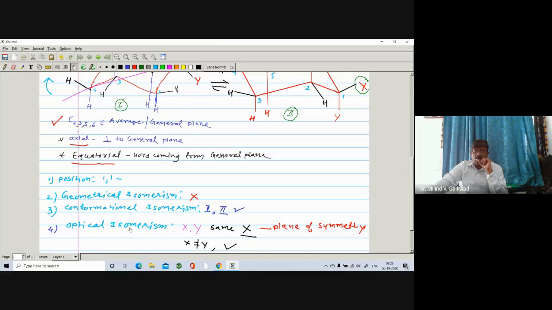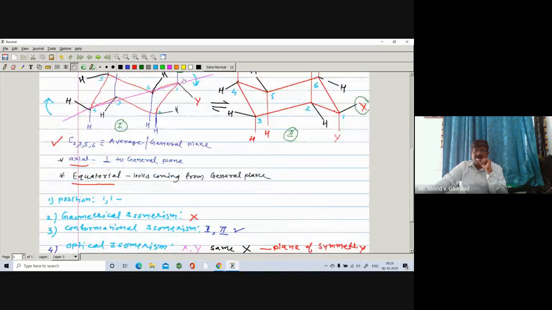Then about optical isomerism, we have to see whether it has any elements of symmetry or not, like a plane of symmetry, center of symmetry, or alternating axis of symmetry. If all symmetry elements are absent, then it should be optically active. Here, if x and y are the same, it has a plane of symmetry passing through carbon number 1 and carbon number 4.